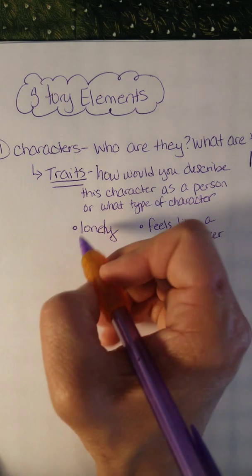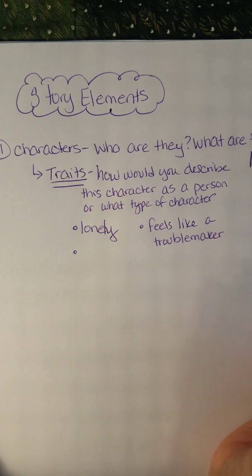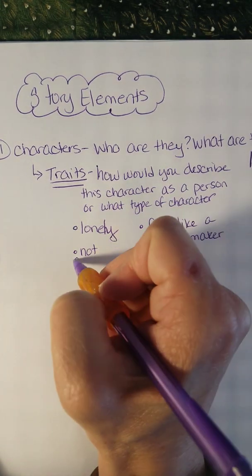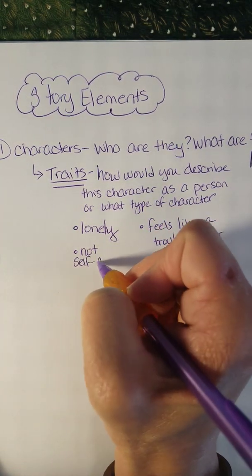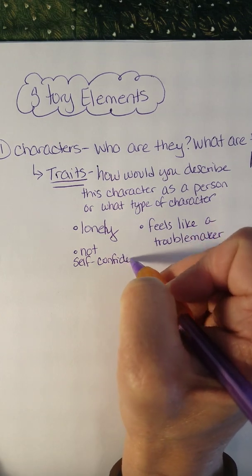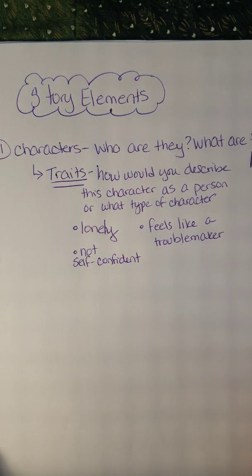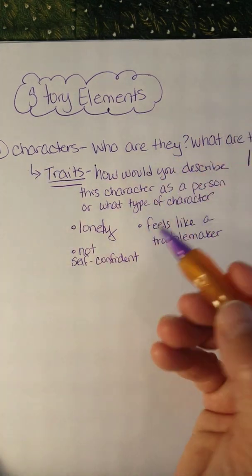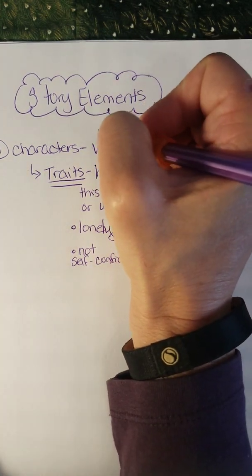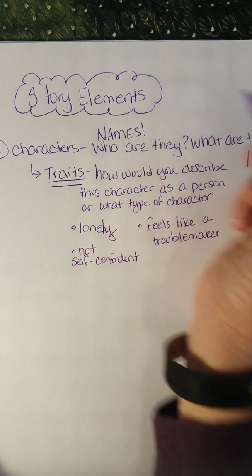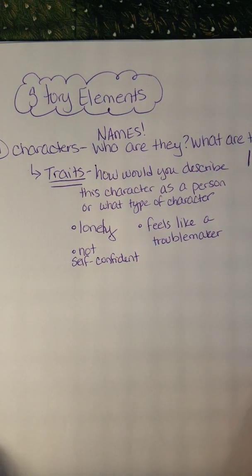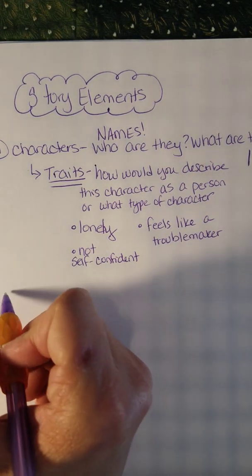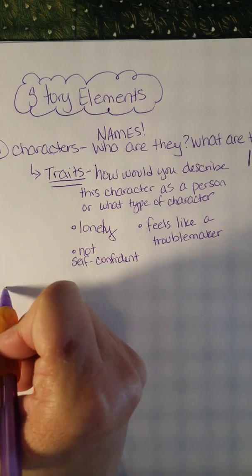I'd also say at this point in the story, he is not self-confident. Okay, doesn't believe a whole lot in himself, talks down to himself quite a bit. So those are some examples of traits. So when you think of characters, oh, and the big thing, names. Okay, you got to remember, who are these characters? What are their names? All right, so that's the first story element.